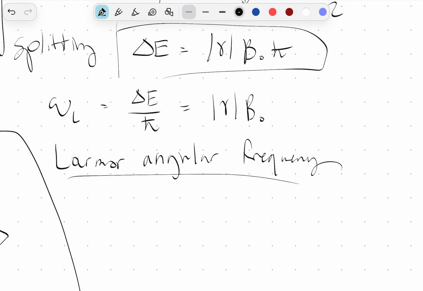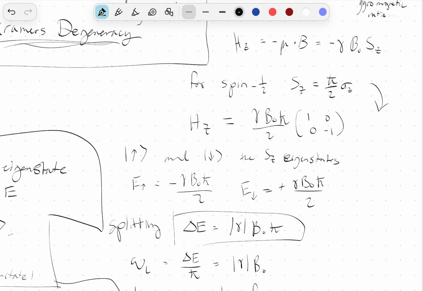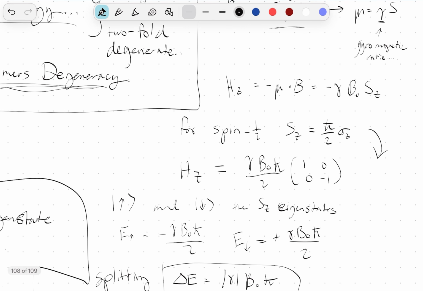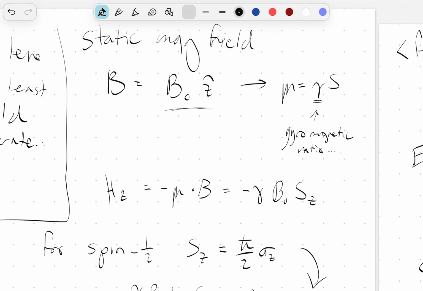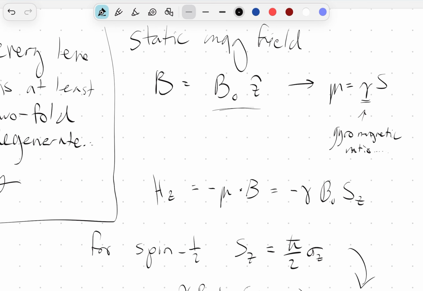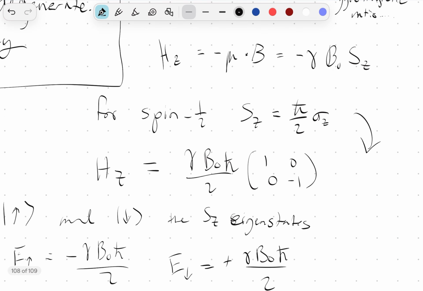Okay? So what physically happens in Zeeman splitting is that the magnetic field picks this preferred direction in the Z component. And this preferred direction in space is going to couple to the spin.